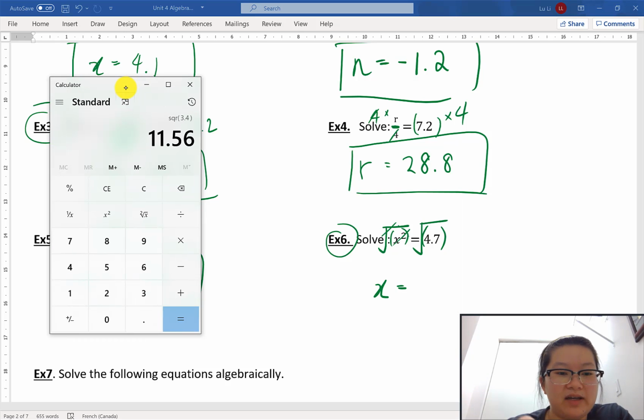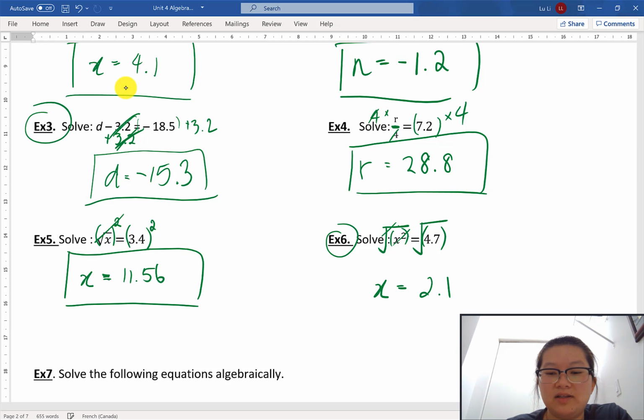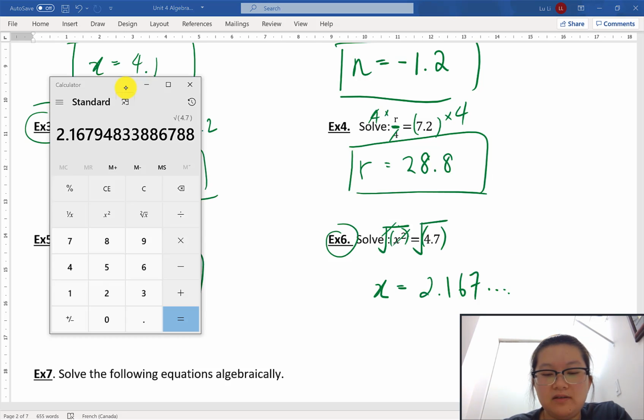And I get 2.167... And if you have a trailing set of decimals, I'm not going to be very picky on how you round it.